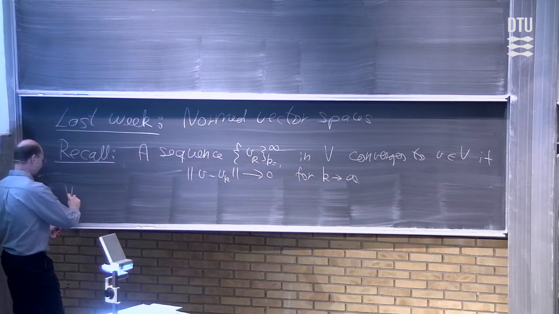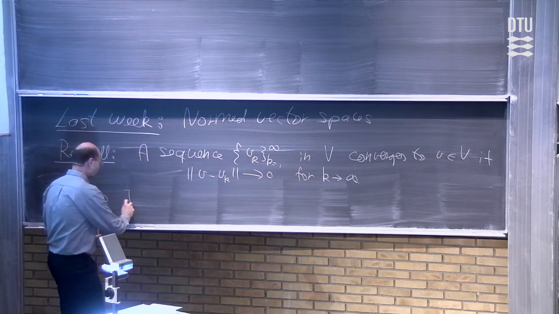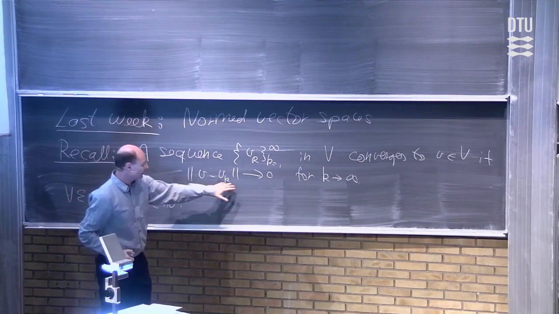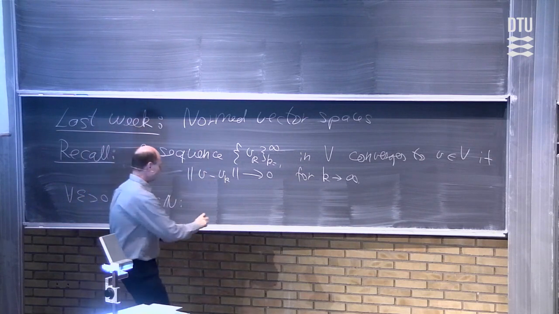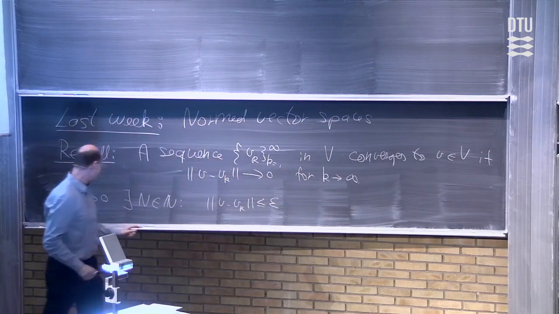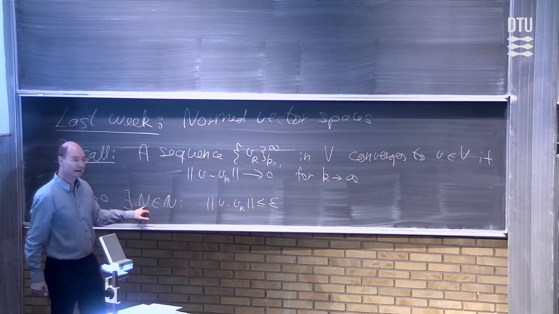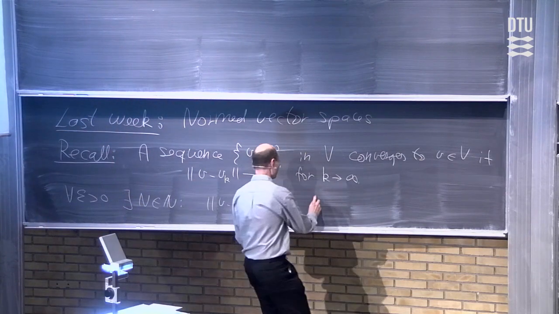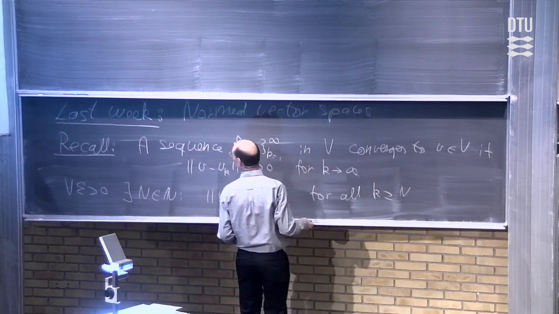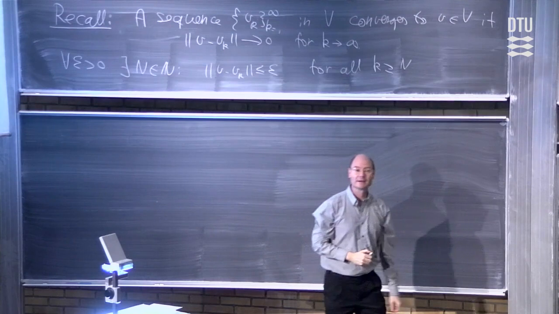Whenever you take any epsilon greater than 0, you should be able to find a natural number n, such that this expression that we want to tend to 0 is smaller than or equal to this given epsilon, as soon as the index k we are looking at is larger than or equal to n. So this is the way we define convergence.